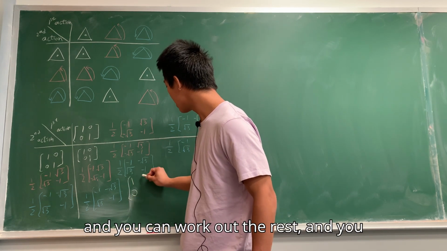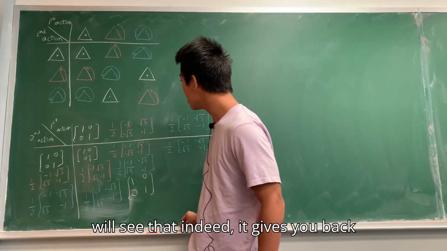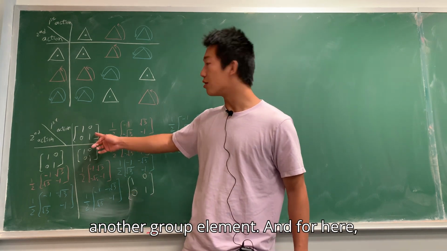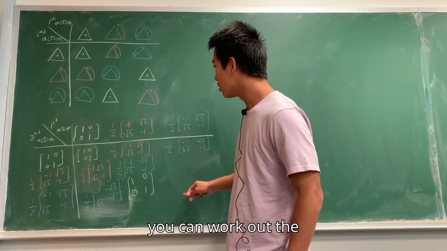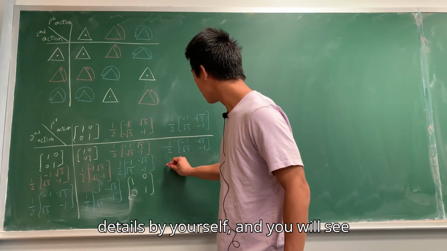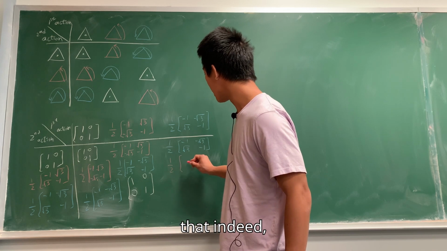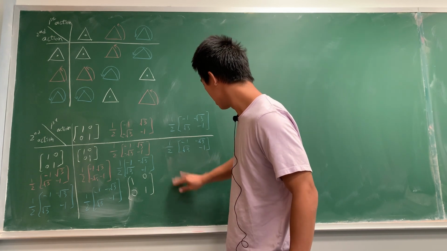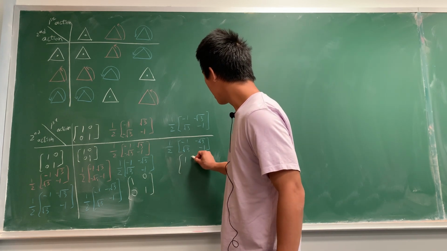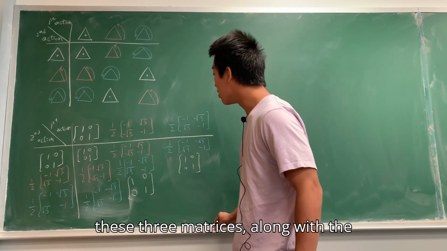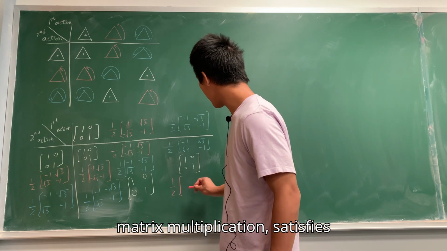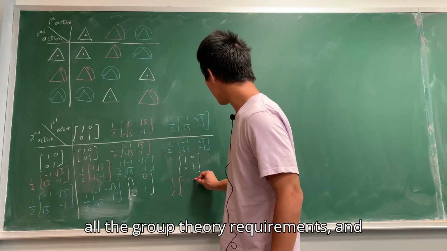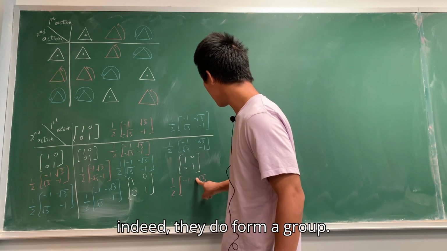You can work out the rest, and you will see that indeed it gives you back another group element. For the remaining ones, you can work out the details by yourself. These three matrices, along with matrix multiplication, satisfy all the group theory requirements, and indeed they do form a group.